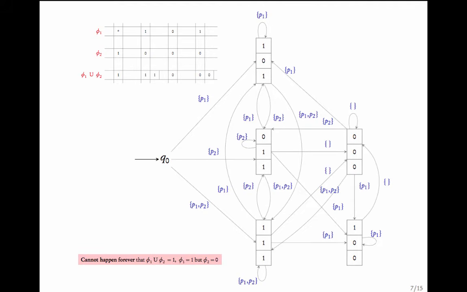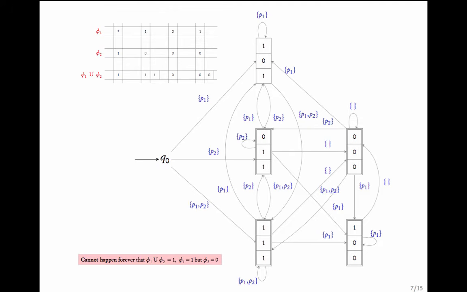That is, continuously they cannot occur. So, apart from those states, you make the rest of the states accepting states. Now look at any accepting run in this automaton. That will correspond to a word which satisfies P1 until P2. This is the automaton corresponding to the LTL formula P1 until P2.